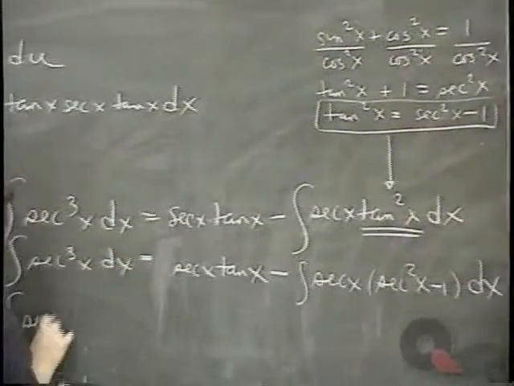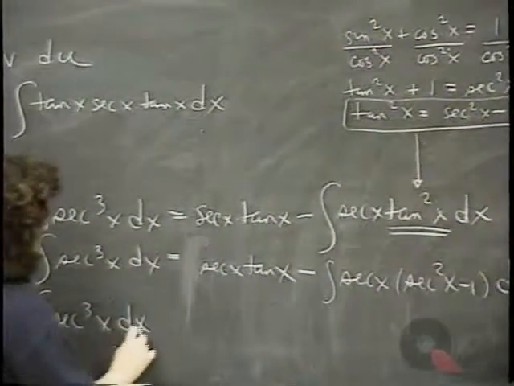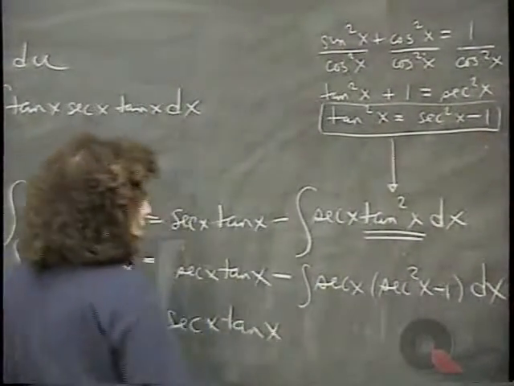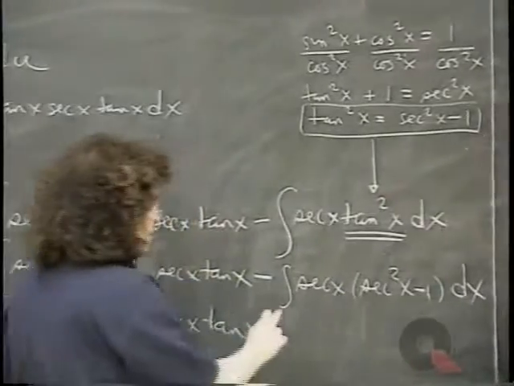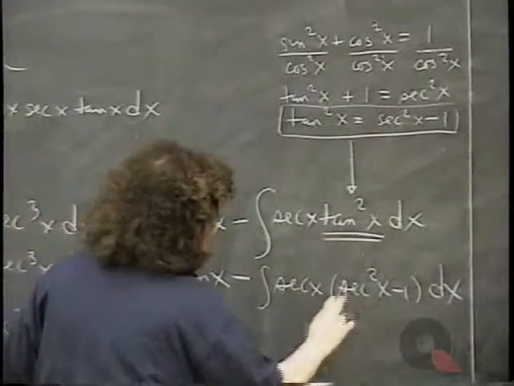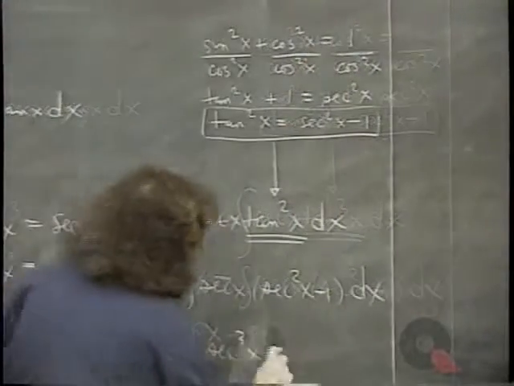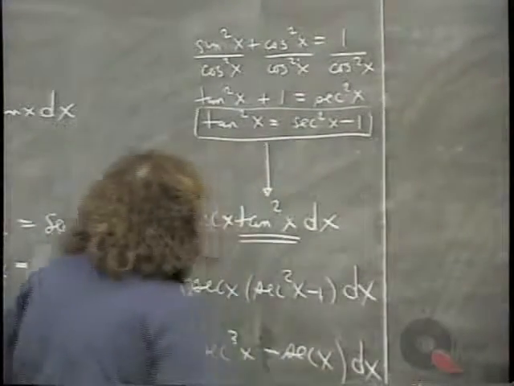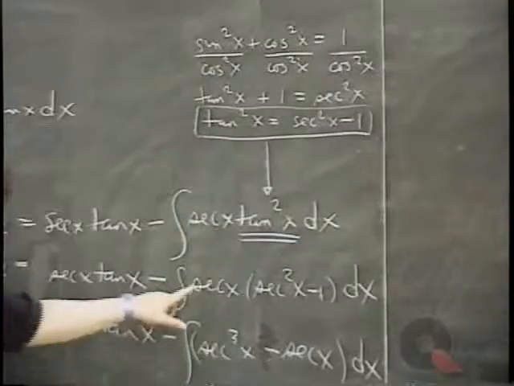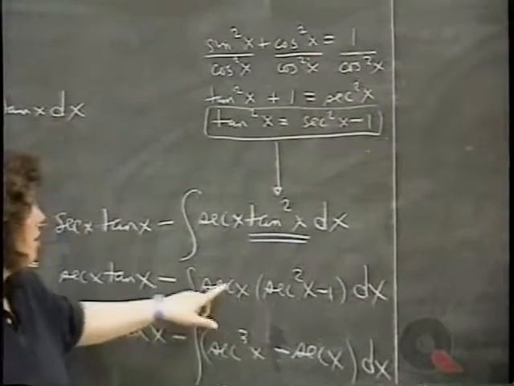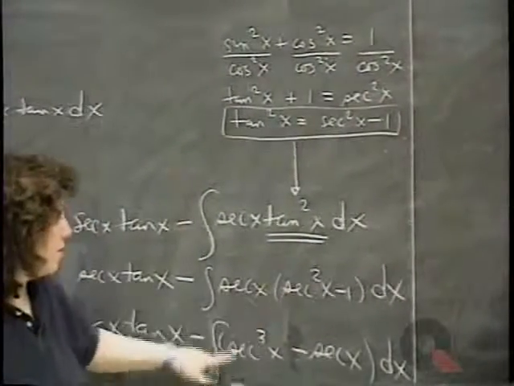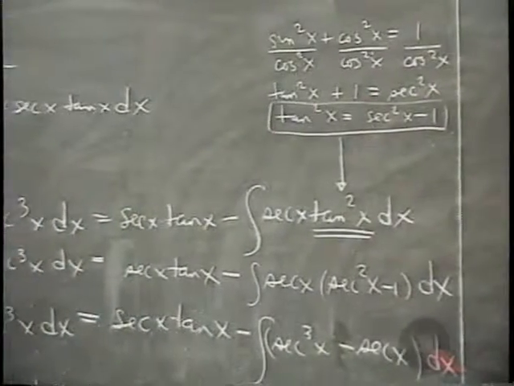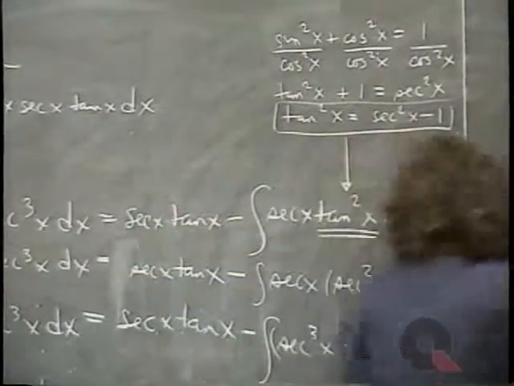The integral of secant cubed x dx is secant x tangent x minus, now let's distribute the secant through the parentheses, minus the integral of secant times secant squared minus 1, secant cubed x minus secant x dx. Okay, so let's see what I have.